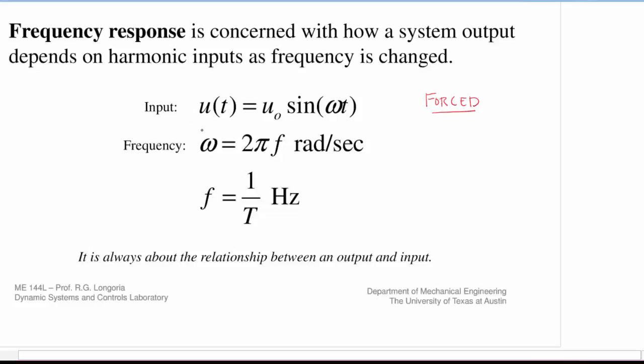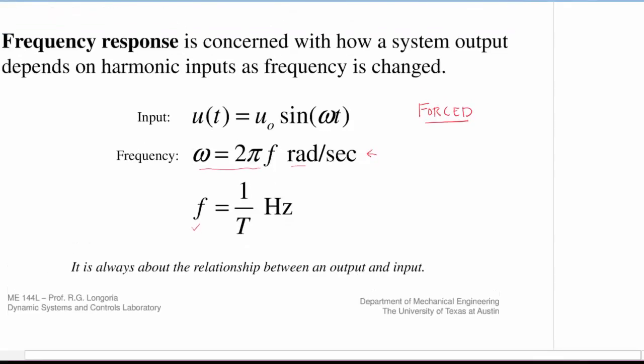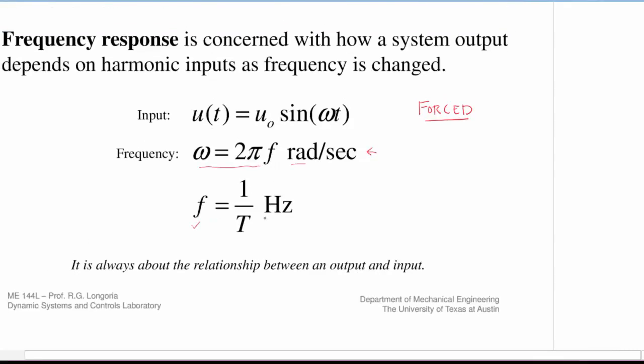And we're also interested in inputs to a system that might take a form such as a sinusoid that has a specific frequency that is either omega in terms of radians per second, or the frequency can also be expressed in terms of hertz, right? So remember these expressions here: omega equals 2 pi f, and the frequency in hertz is also related to the period of a sinusoid, right?